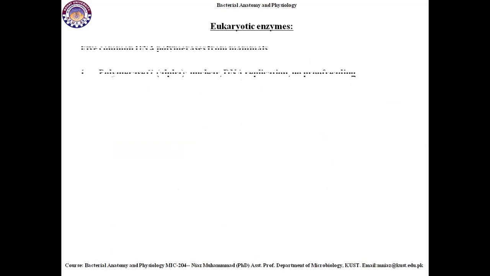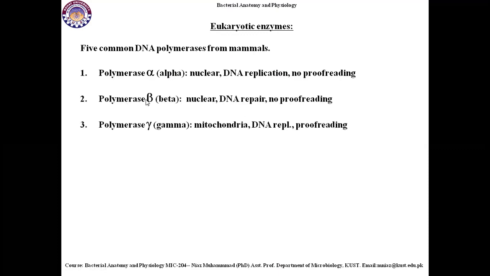In eukaryotes, there are 5 common DNA polymerases from mammals. Polymerase alpha: nuclear DNA replication, no proofreading. Polymerase beta: nuclear DNA repair, no proofreading.